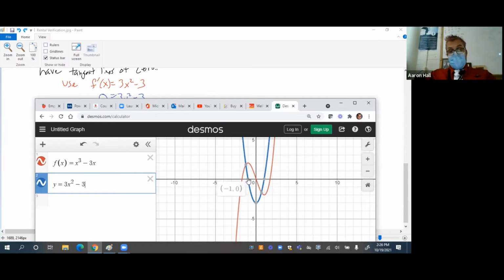What's happening at these x-intercepts? When y is 0. Aren't those the slopes for the red graph? Wasn't the slope of the red graph 0?